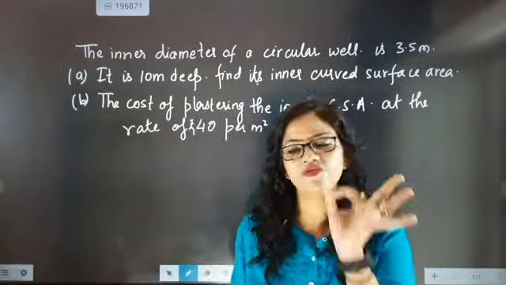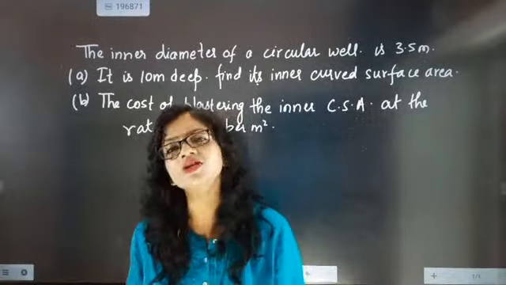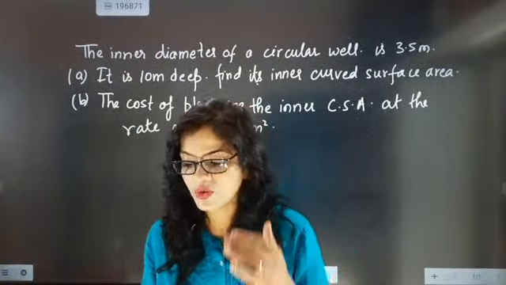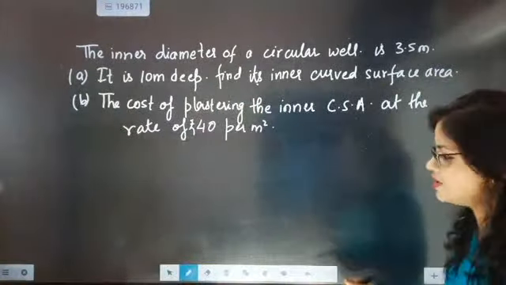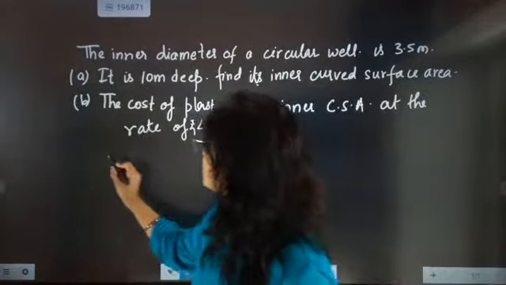Those who have not solved, first listen to me what is given to you to solve. In examination, when these type of questions will be coming, how you are going to handle the question, that is very important. One well is given to you.